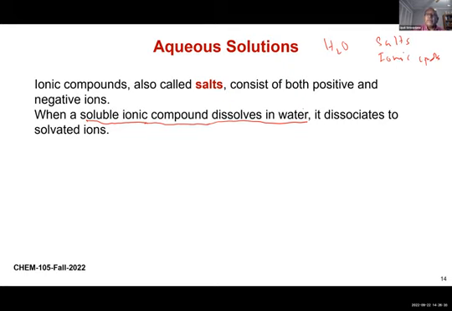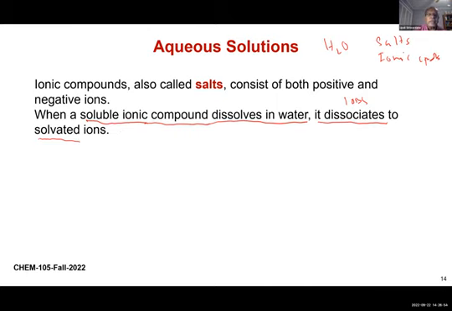When they go into solution, they break up, the ions dissociate. Solvated ion means this ion is surrounded by water molecules.